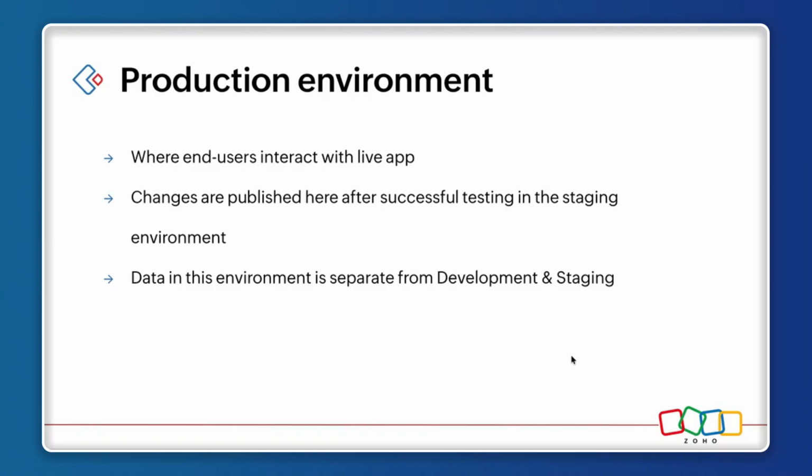Here as well, the data in this environment will be separate from the development and the staging environment, right? The major key idea of the environment is that a progressive movement is being made. Changes always flow from development to staging, and then finally to production for the live end user to access it, right?